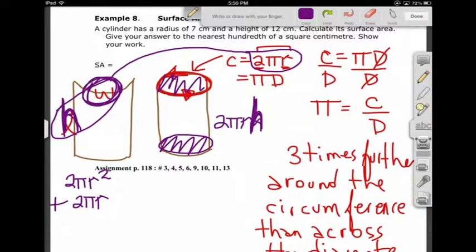We give you the formula, but this is it. 2, and to be brief, I'll use 3 for pi. 2 multiplied by 3 multiplied by, the radius in this case is 7. They gave it to you up here.